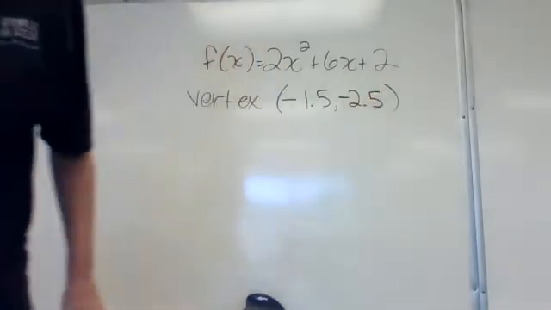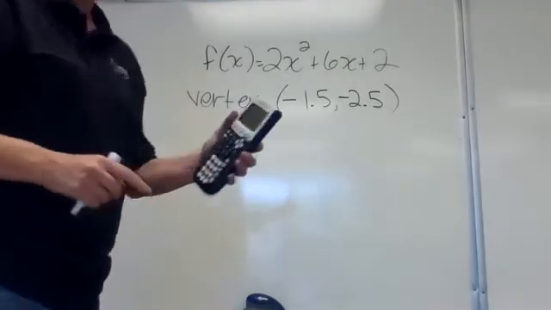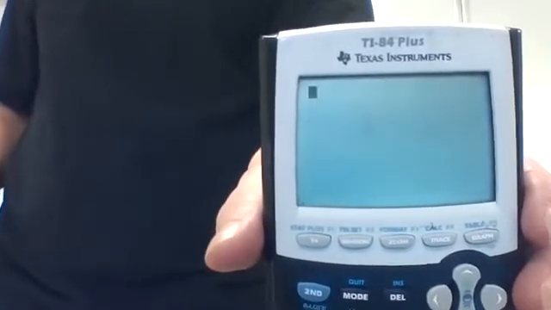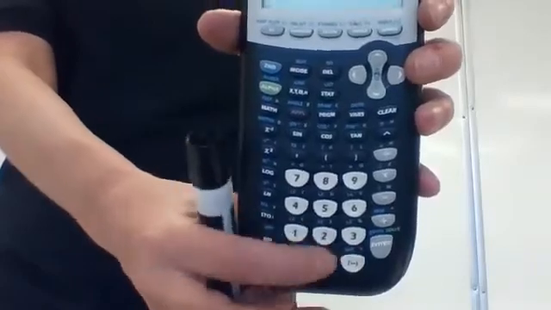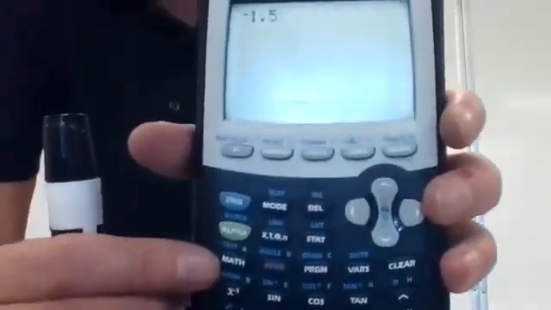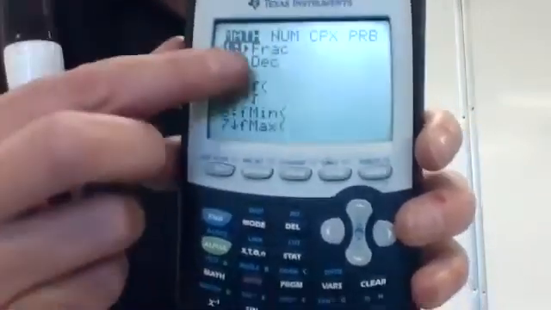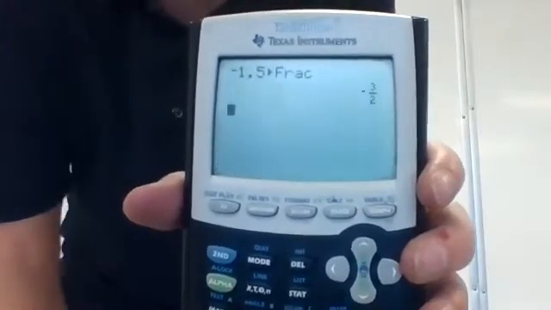I am going to have to turn those into fractions, but you can do that on just your plain home screen by just typing in the decimal you're wanting to turn in. So negative 1.5. Now just hit your math button and then hit the enter button twice, because what that's going to do, it's going to turn your decimal into a fraction.